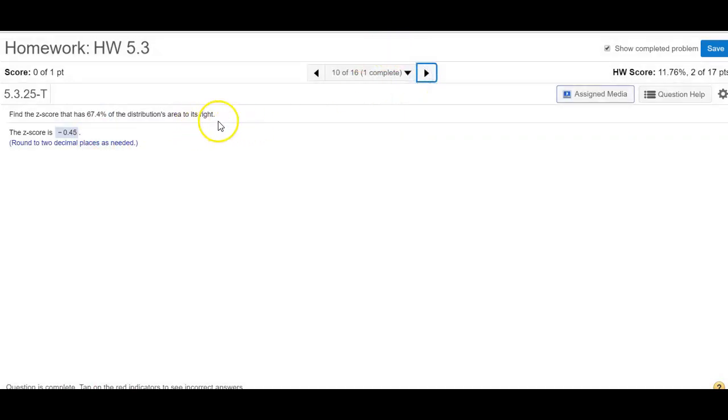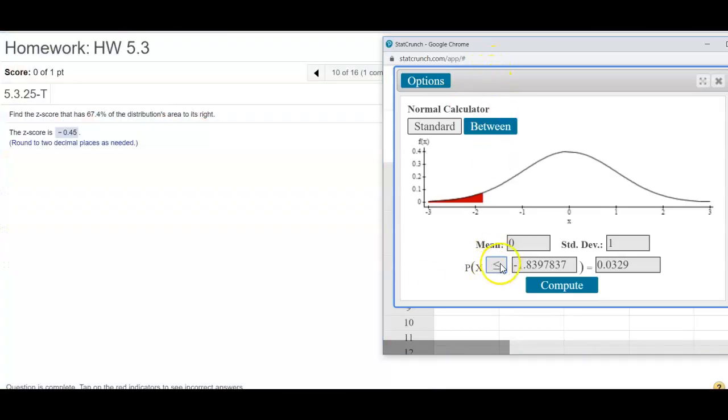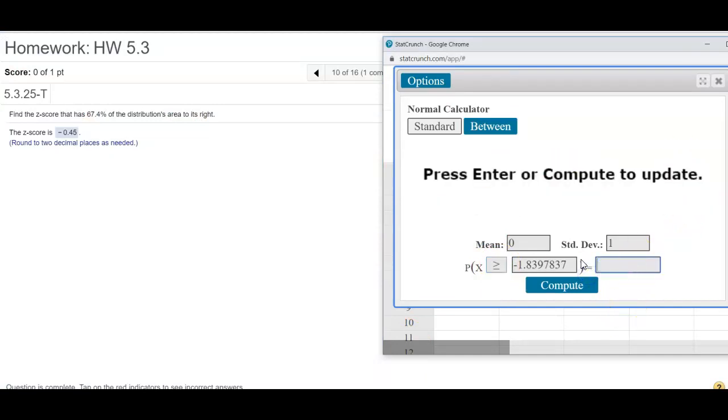This is area to the right. Let me go ahead and do one of that. Area to the right, I know my sign has to be greater than, correct? If I were you, every time I start a new problem, I would delete everything and start fresh. So I'll see if it's area to the right or left, area to the right. So my first step is to change the sign.